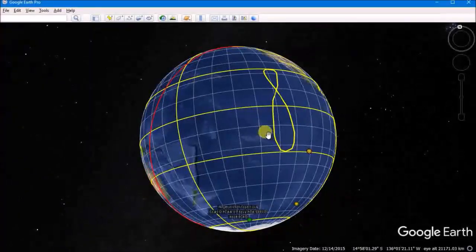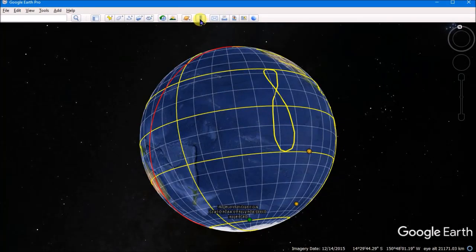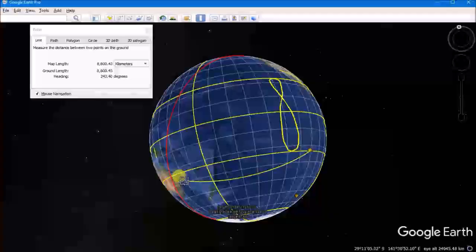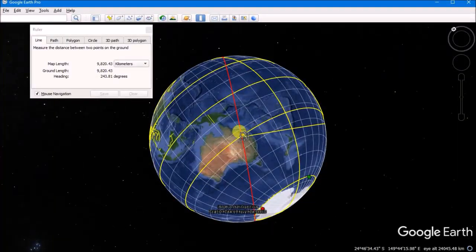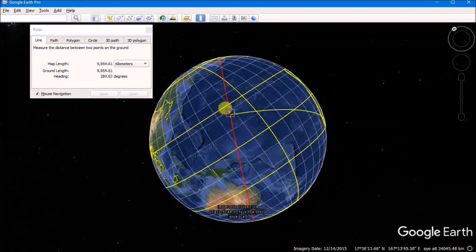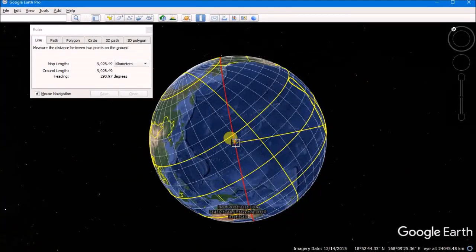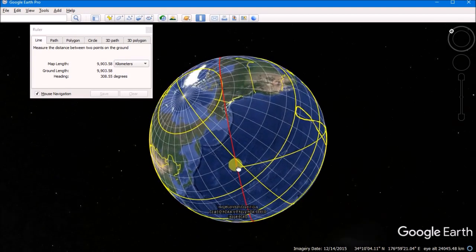Now from the subsolar point, I'm going to take a line, and we go to Australia. Well, what do you know? That line is southeast, and if you go north, it will still be southeast, and it's vertical on the terminator line.